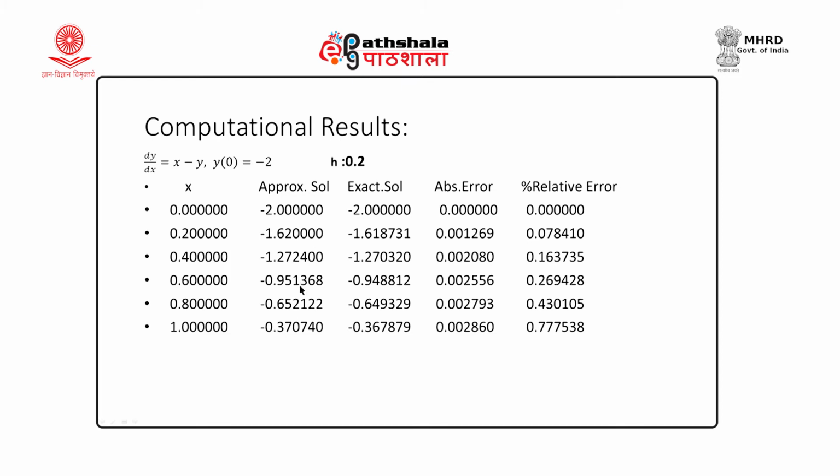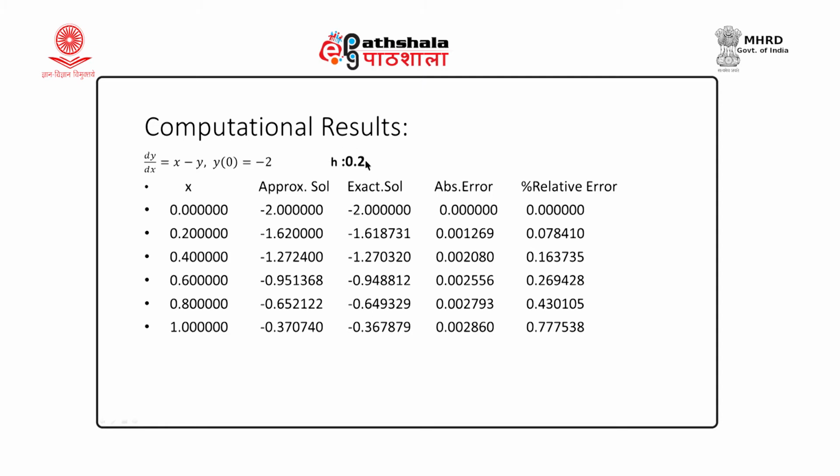Later on, once we have learned more, we will make the comparison of all the methods with different step sizes. So, the absolute error is the absolute value of approximate minus exact. You can very well see up to 2 decimal places they are all zeros, because now it is of the order of h square. We have taken the terms up to order of h square and the error is of the order of h cube.